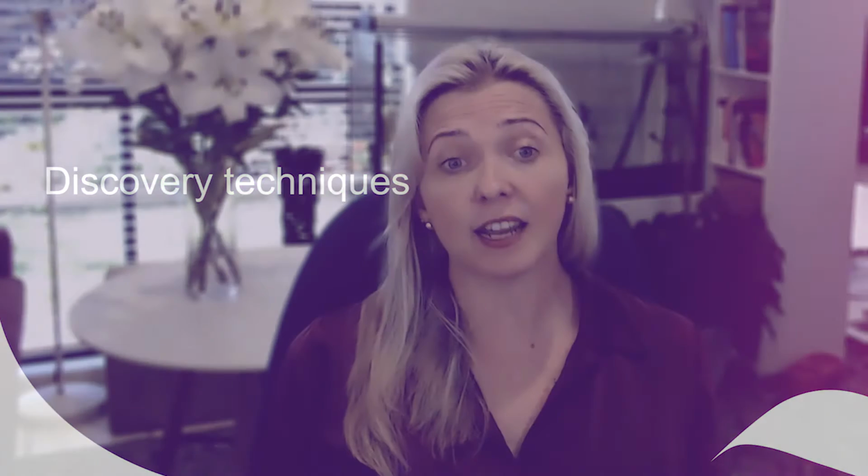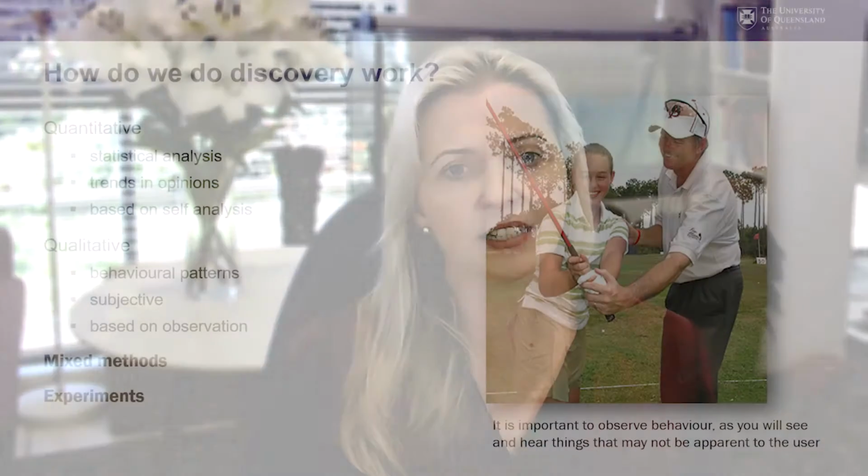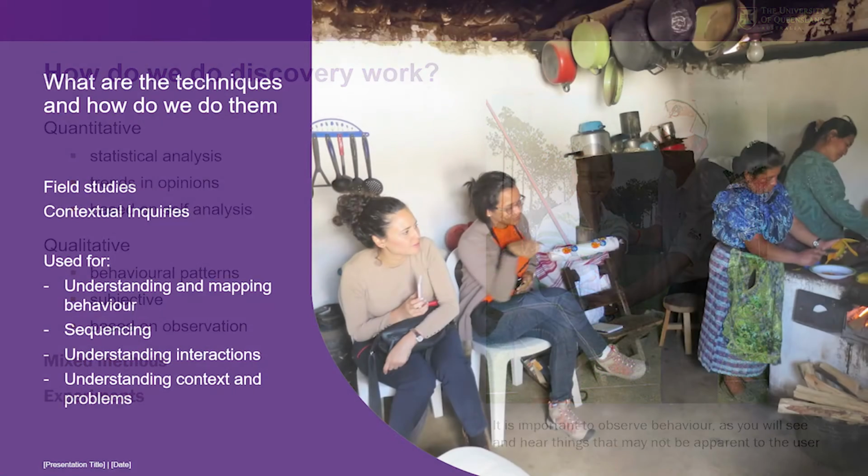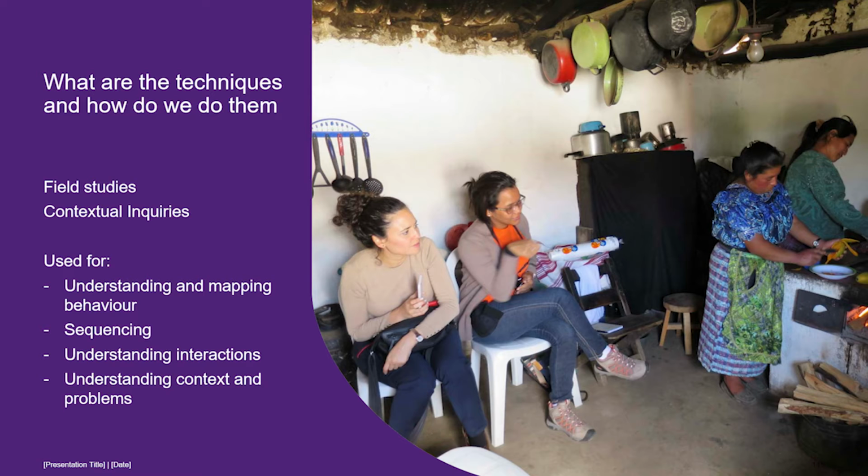Design uses many techniques to understand and research the users and the important parts of the experience that we are creating. There are techniques that might be quantitative, qualitative, a mixture of the two, or experimental. A powerful technique that I highly recommend is contextual inquiries, field studies, or observations.